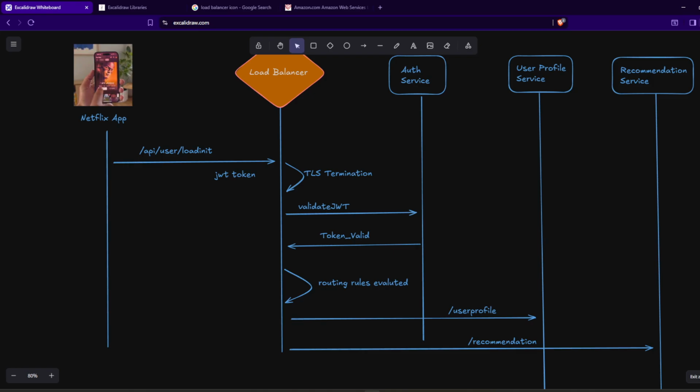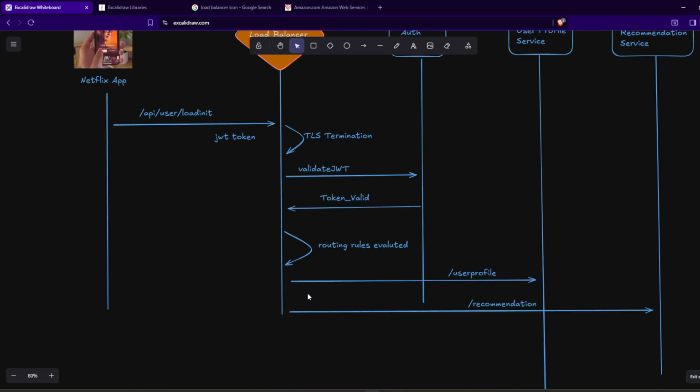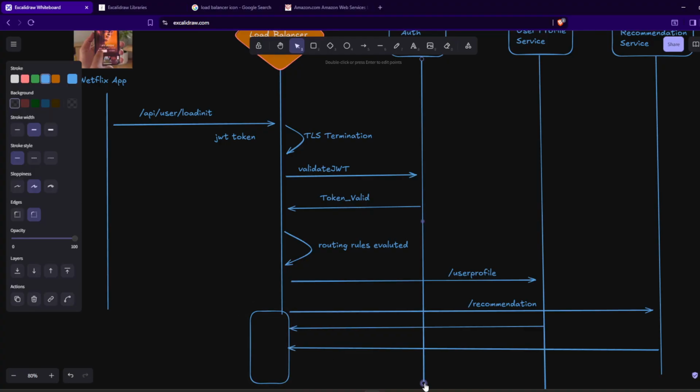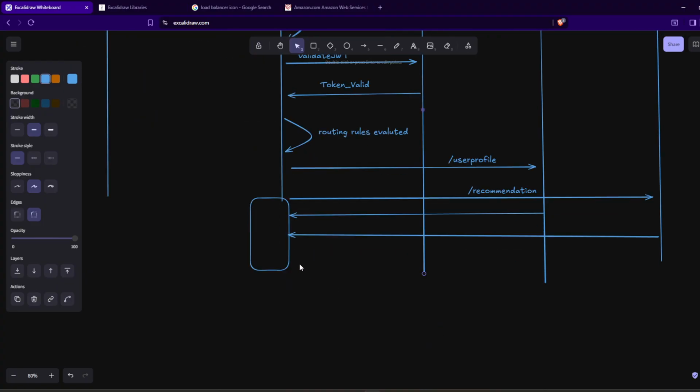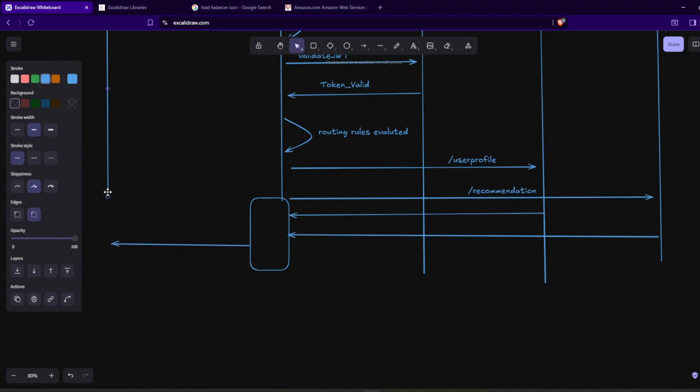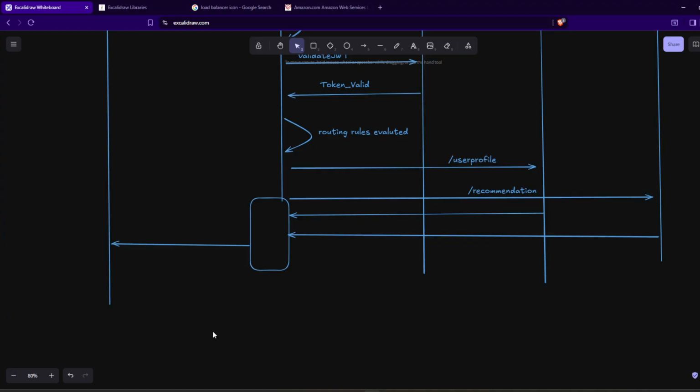After that, once both of these responses come back, from this level and also from this level, the aggregation of the responses happens. So at this level the main aggregation happens, and after this aggregation the combined response is sent back to the client application.